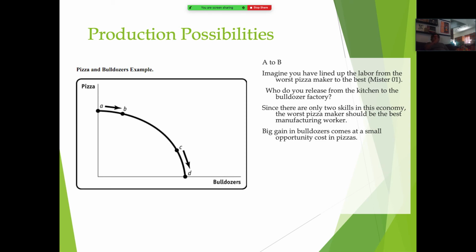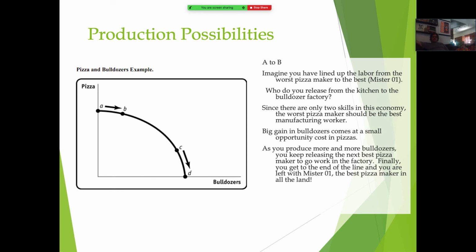But what happens is you start to go down the line making bulldozers. You're starting to get rid of your best pizza makers. Each one you get rid of is better at making pizza. So as you start to make more bulldozers, you're giving up more pizza. Until at the very end, you let your best pizza maker go, and now you're all the way down to zero.